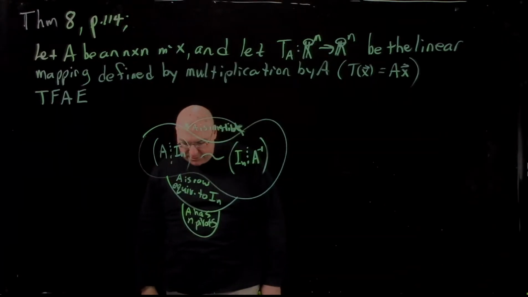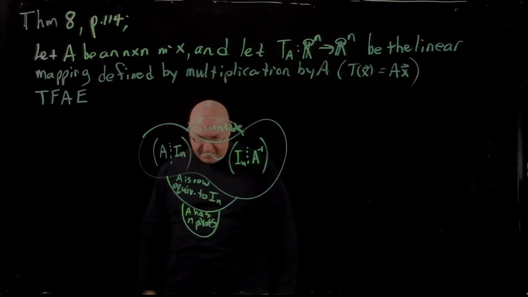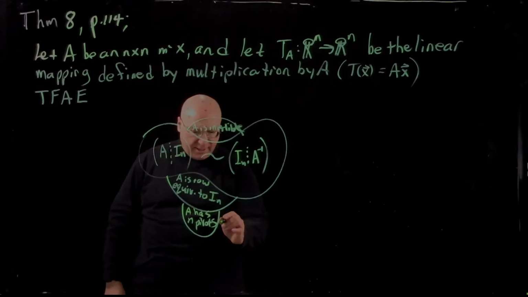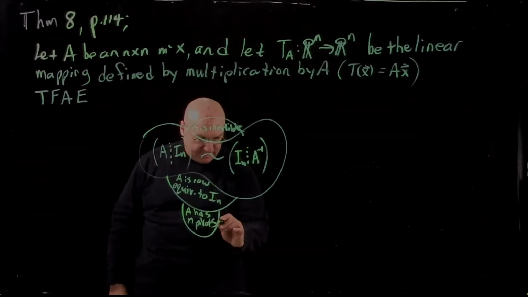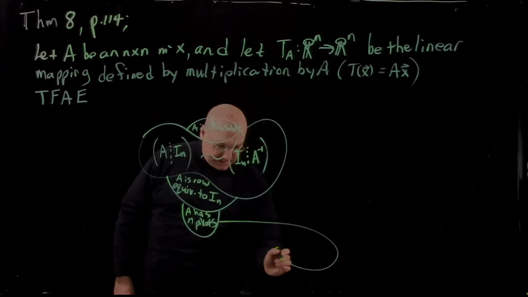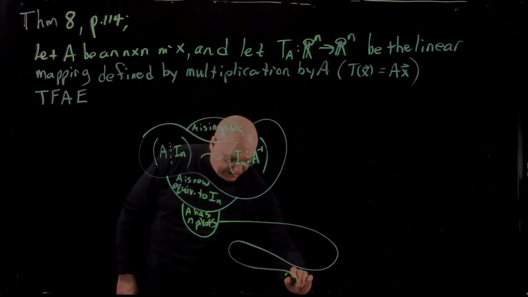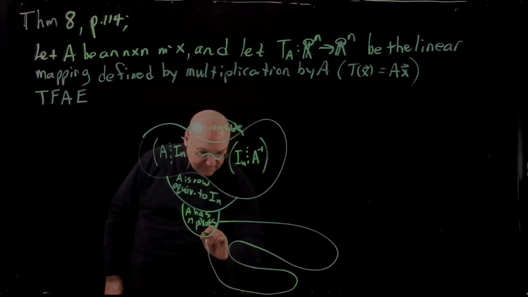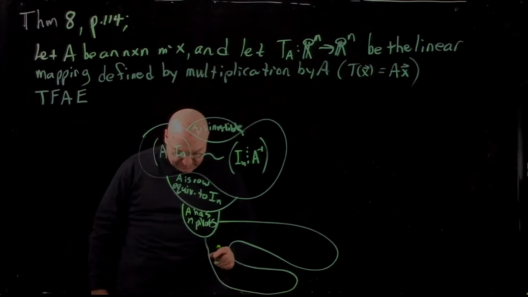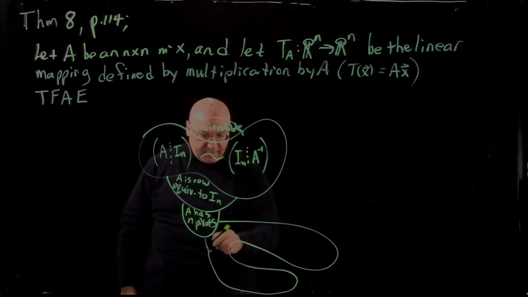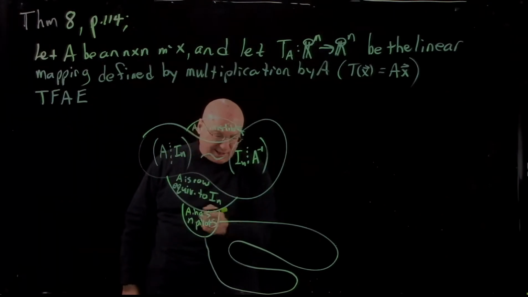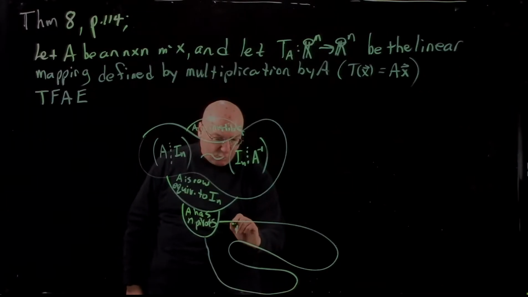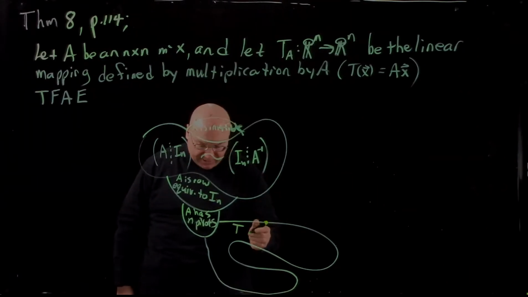Let's see, what else can we do? I'm going to have some tentacles coming off of here. So let me go like this, and let me go like that. All right, and what I want to say here is that if A has n pivots, I can solve any equation I want with multiplication by A for any vector.